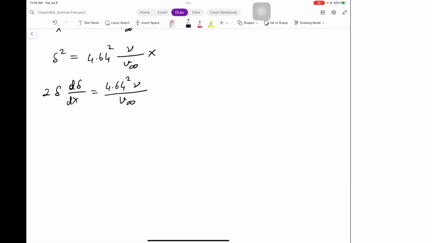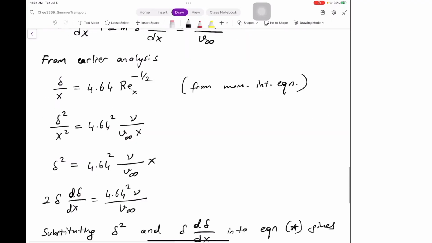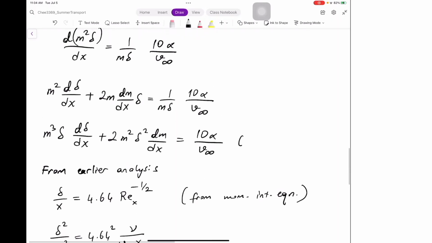And then if you substitute delta squared and delta d delta over dx into the equation, let's call this equation star.